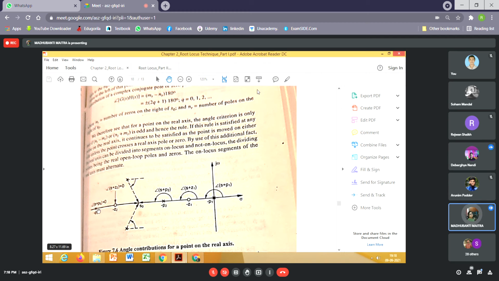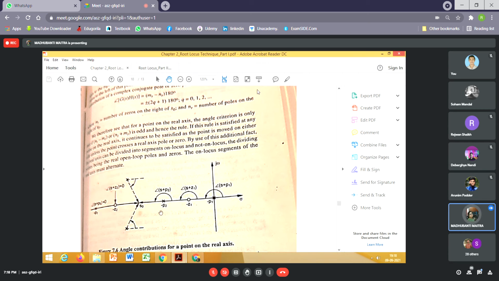These are the real open loop poles and zeros. Along with these, the system has a complex conjugate pole pair, which we have not considered. So these two are the open loop complex conjugate pole pair, right?